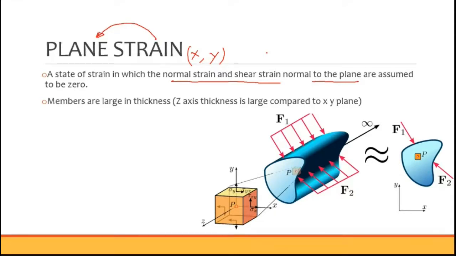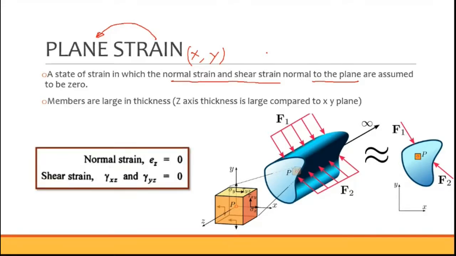Then we consider this a plane strain problem. Here the strain in the z direction is 0, and gamma xz and gamma yz are also equal to 0. So this comes under plane strain condition.